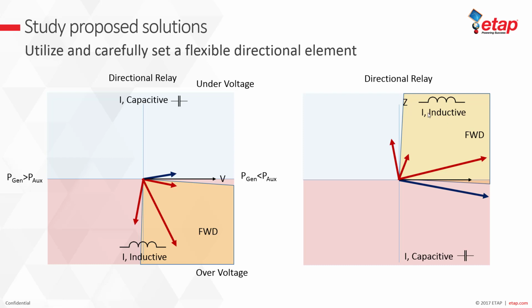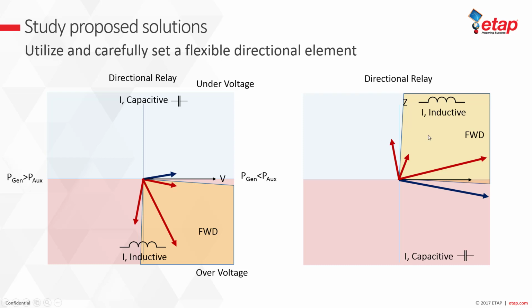Okay, for the cases that WTG is generating less power than the auxiliary power, this is a rare condition. So at those conditions, the WTG is not generating. Losing a generator at those cases also probably is not that much of an issue, because there's no generation, even though that's not desired at all, so that's a false tripping and we should avoid that.